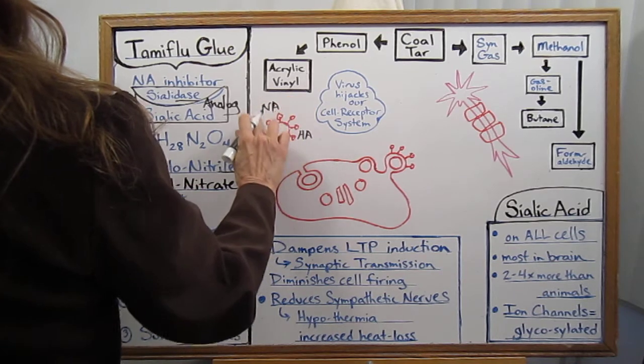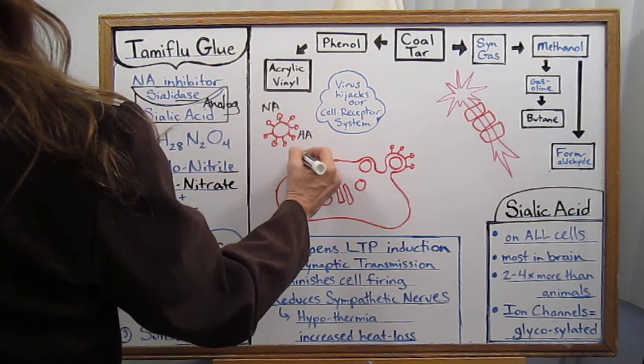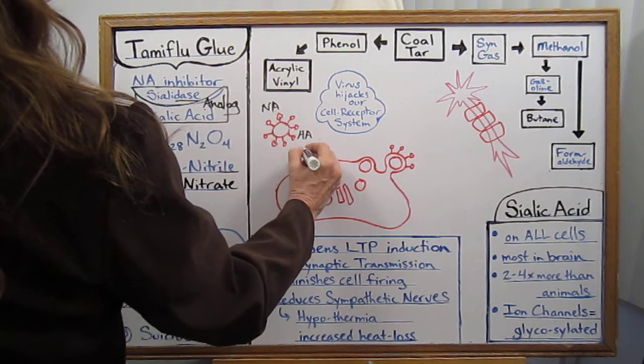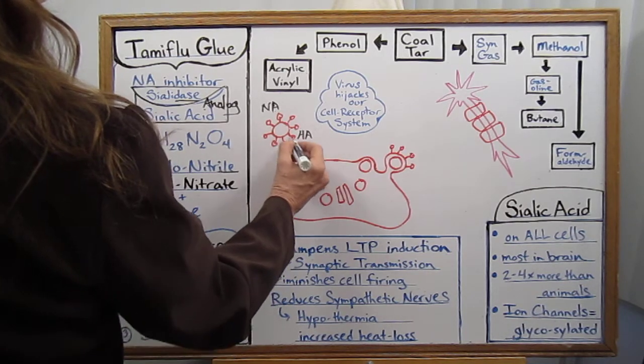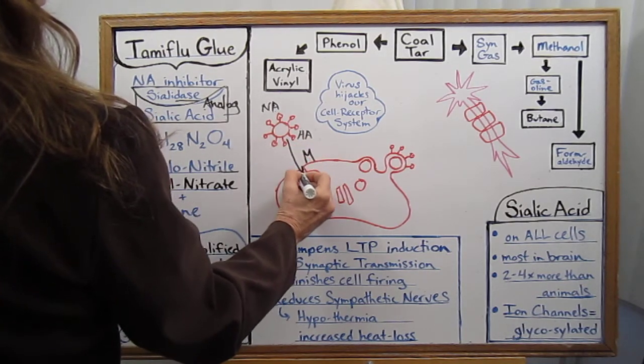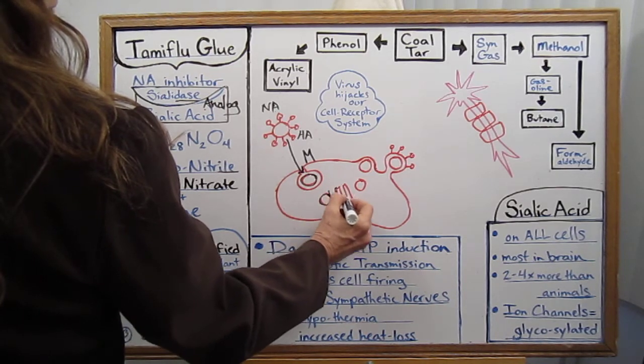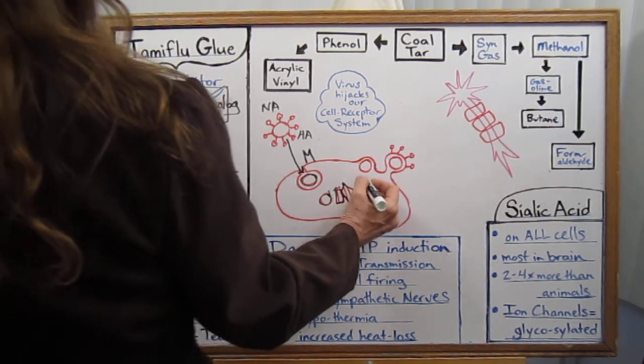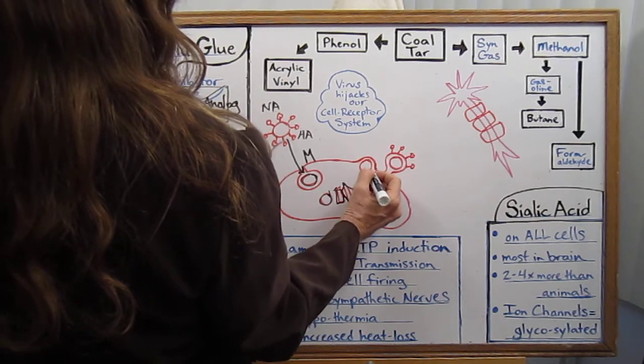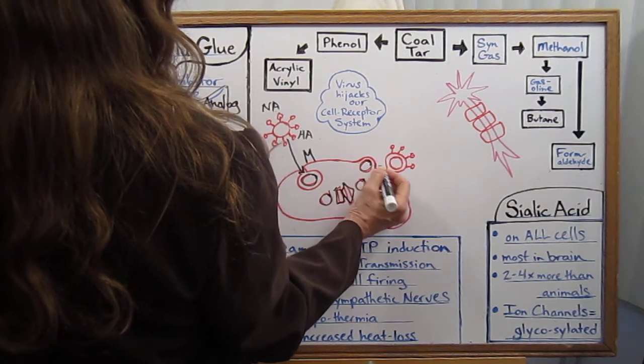And I'm putting the HA down here because that's what they use to bind to the cell, to the sialic acid receptors on our cells. And that is how the virus will enter in, then dump its DNA, its genetic material, to then make copies of itself.